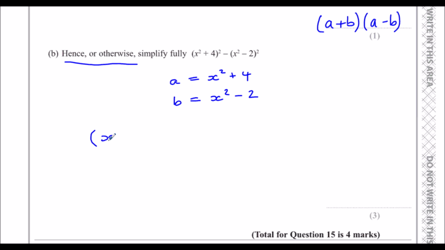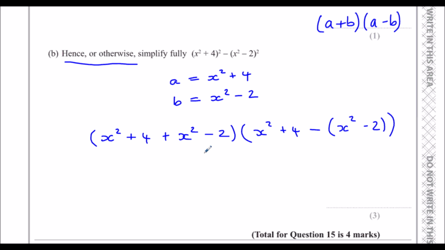So a is now x squared plus 4, b is now x squared minus 2. We've got to be careful with this minus. It's taking away all of b, which is x squared minus 2. So when we simplify it, we need to take away the x squared and take away the minus 2. So let's simplify the first bracket first. x squared and x squared makes 2x squared.